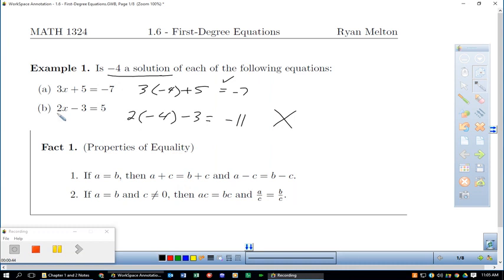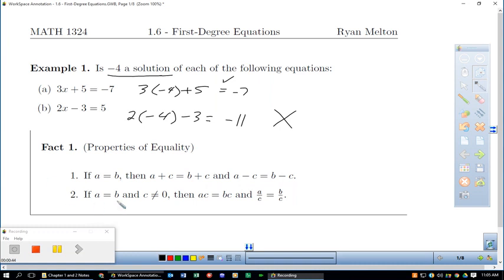That's all we're after. Now, we have a couple of properties that we use to make our equation simpler. There are actually 4 of them here. If A equals B, then A plus C equals B plus C, and A minus C equals B minus C. Effectively, you can add the same thing to both sides or subtract the same thing from both sides.